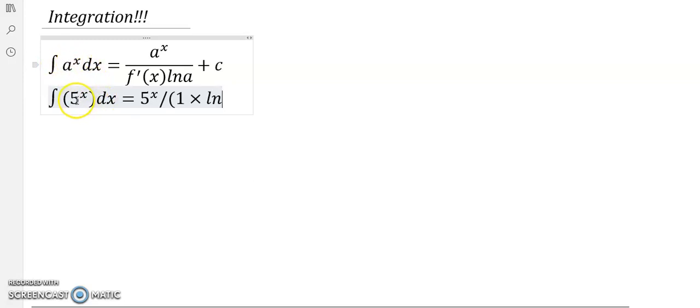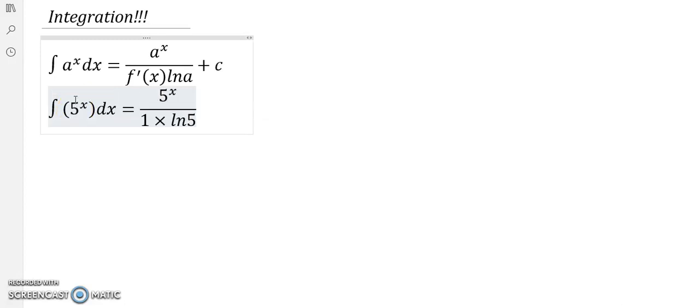However, here we've got 5 to the power x, meaning that the value of a is 5. Then we have ln 5 plus the constant c.